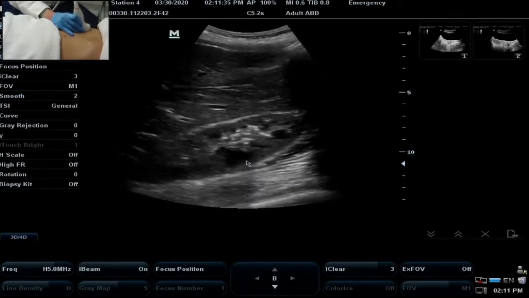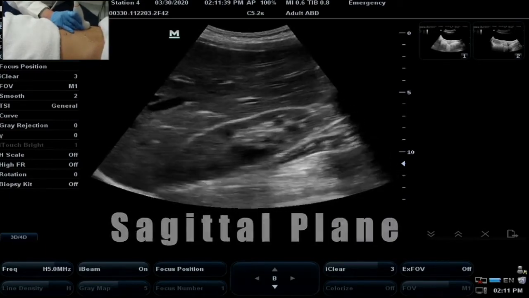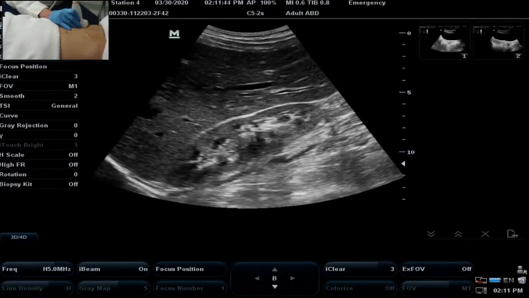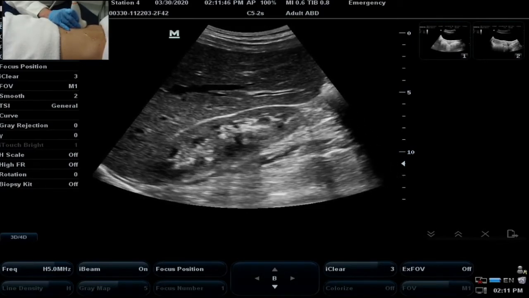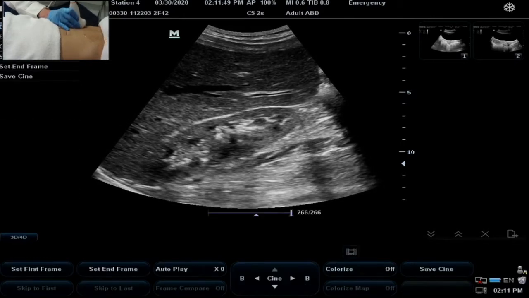Now finally, still in my sagittal scan plane, breath in, please. I'm going to effectively get a Morrison's pouch shot. And I'm going to try and get in as much of the length of the liver as possible.